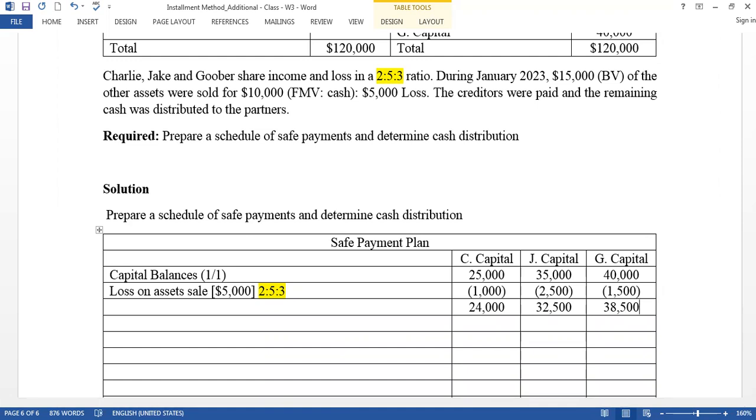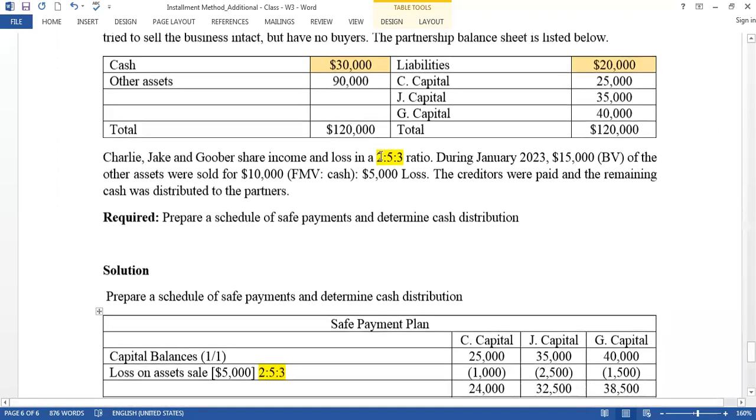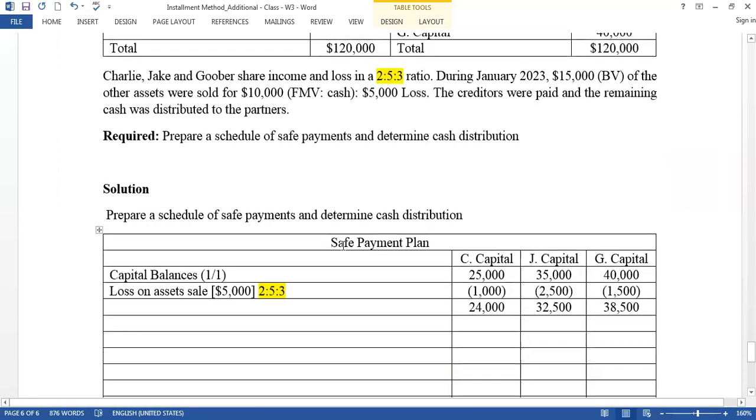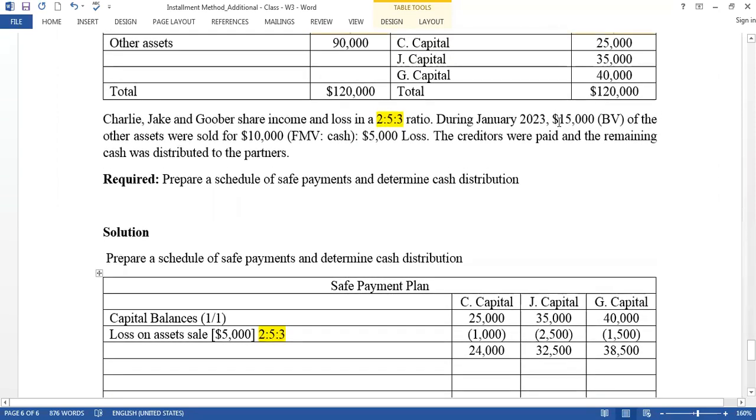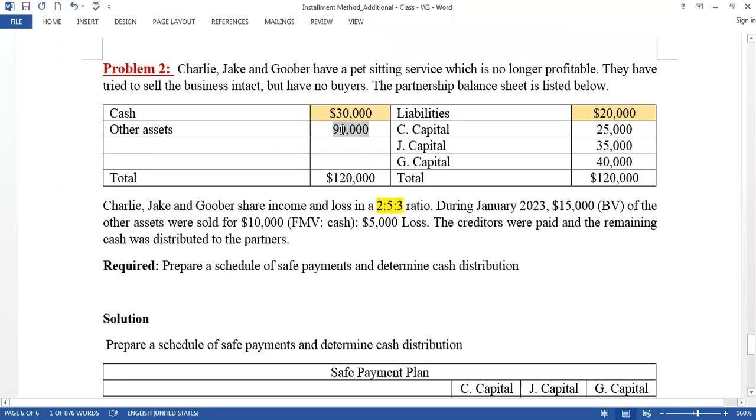Now you know that we have another potential loss. Can you remember, as we are making the safe payment plan, we have to consider our potential future loss, right? So we already sold $15,000 of our asset from $90,000 of asset. So remaining $75,000, we are going to assume that this is our potential loss.